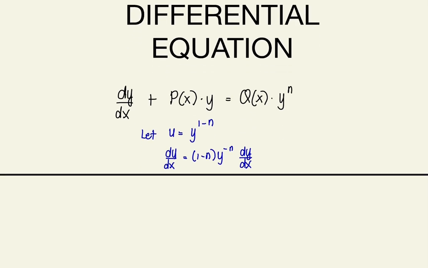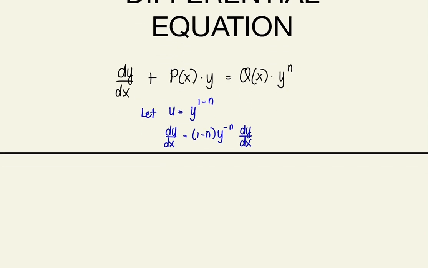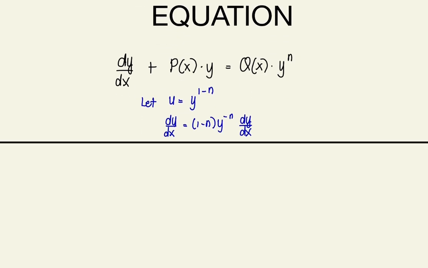We're going to go back to the Bernoulli differential equation. Using this equation right here, we are going to multiply both sides of the equation by y raised to the power of negative n, such that we have y^(-n) dy/dx plus p(x).